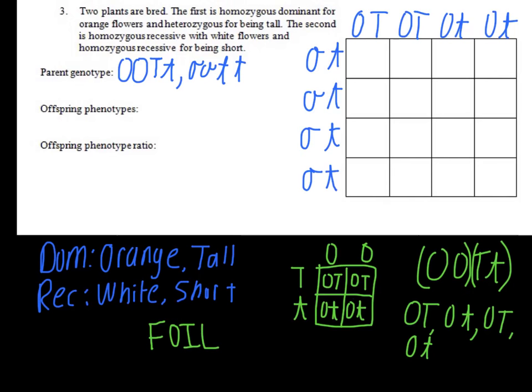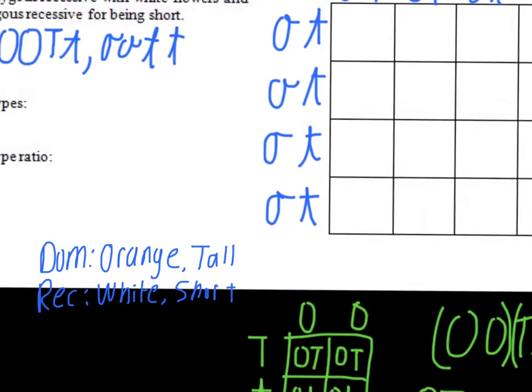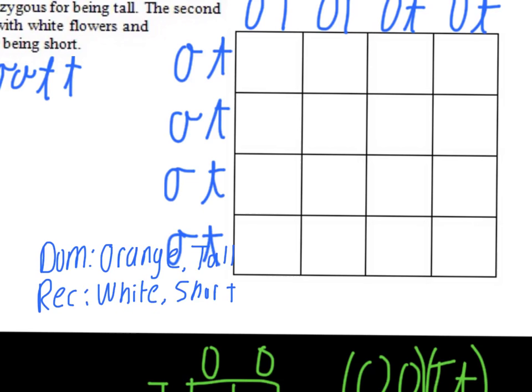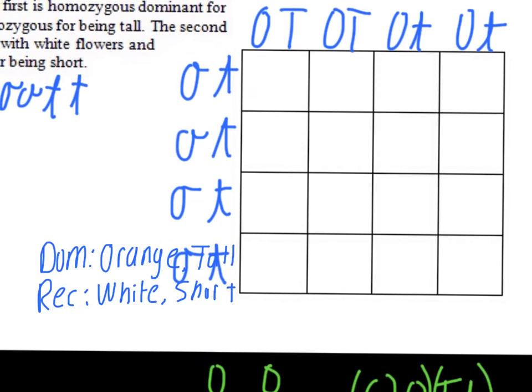Now this is where it's going to get tricky, trying to write all this stuff in that box. Just to make my life a little bit easier, I'm going to blow up this image a little bit for us. So now, just to go through and combine these together, we've got capital O, lowercase o, capital T, lowercase t.